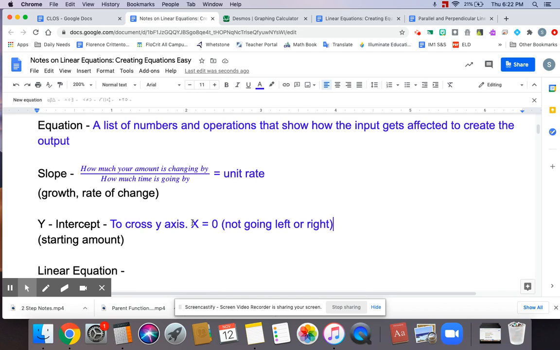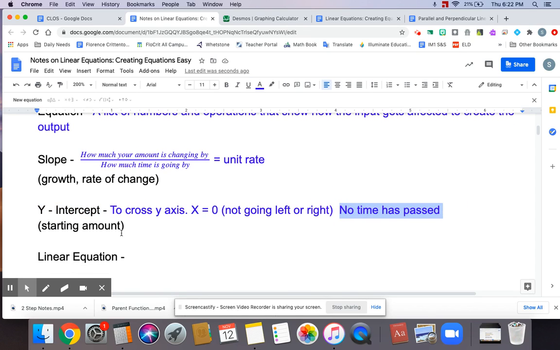And if x is 0, remember, in situations, x represents the time, which means no time has passed. Because x is always 0 for y-intercepts, that means it's always when no time has passed. So it's also sometimes known as our starting amount, because if no time has passed at all, then that's how much we start with.